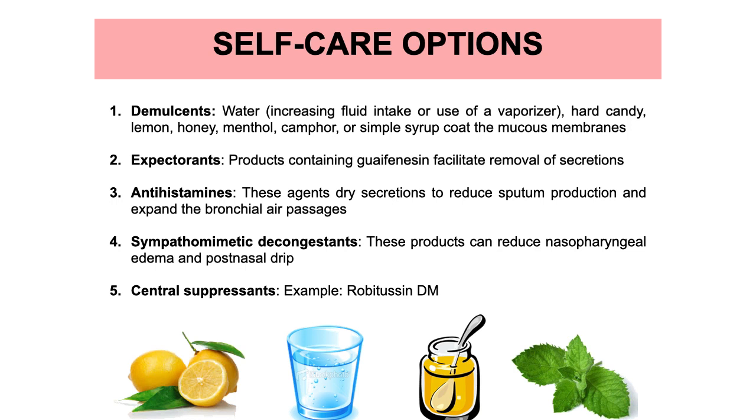Our antitussive would be dextromethorphan. Antihistamines, these agents dry secretions to reduce sputum production and expand the bronchial air passages. And then sympathomimetic decongestants. These products can reduce nasopharyngeal edema and postnasal drip. Then for central suppressants, we have Robitussin or dextromethorphan.